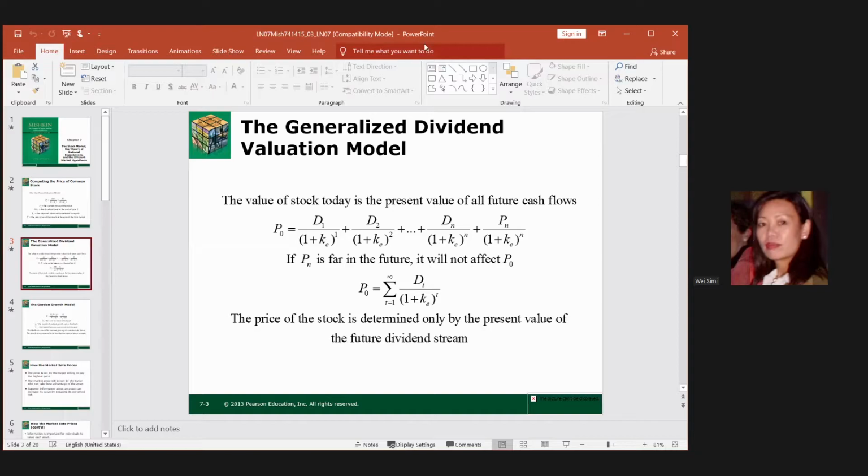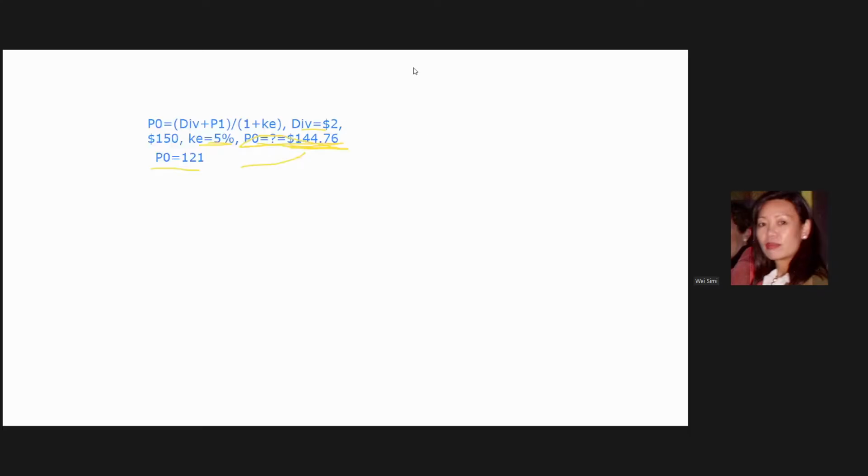I'll do one more exercise. We did this before, right? See how far away this distance is. Let's say this is 10 years later, you will be able to sell this stock at, let's say, 100. You estimated that 10 years later, N equal to 10. Still use our KE equal to 5%. Just calculate this cash flow.